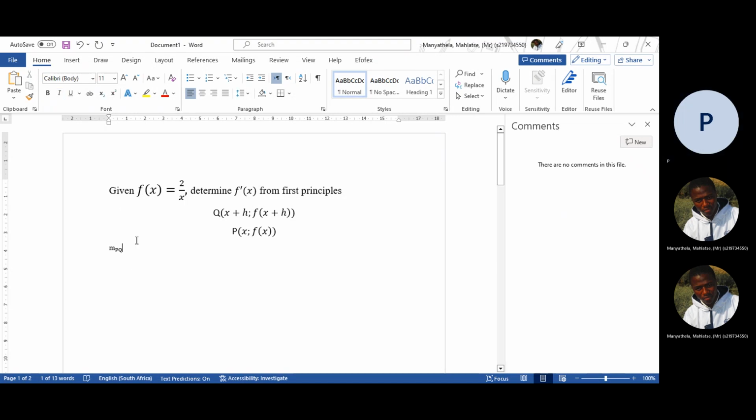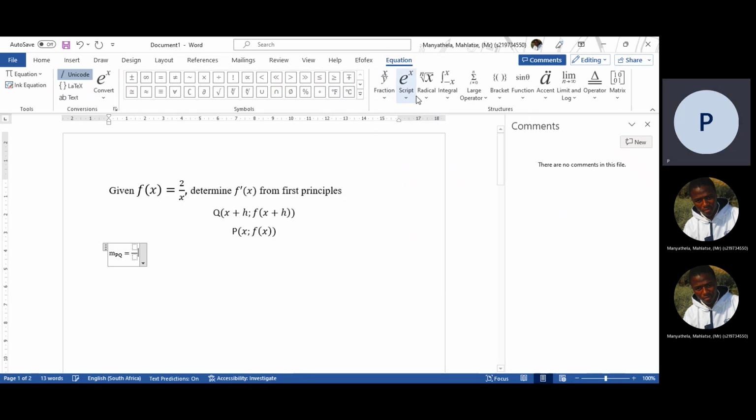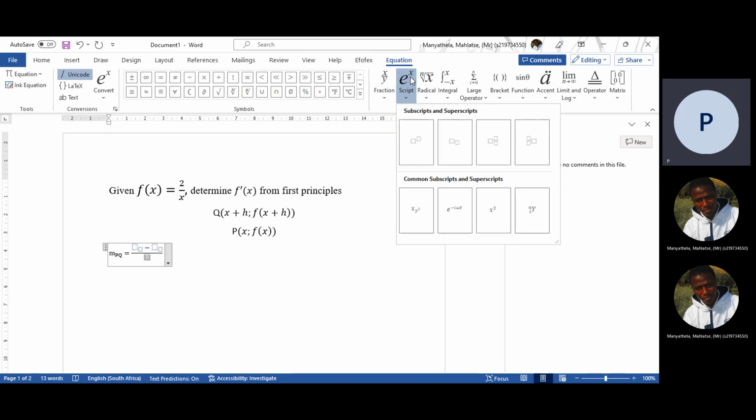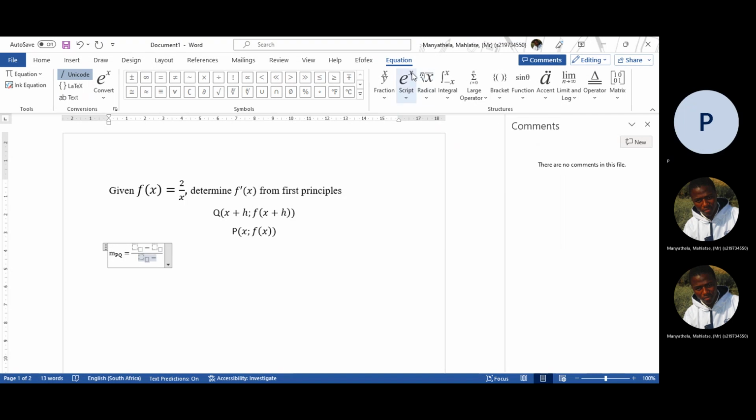The gradient of PQ will be equal to change in y over change in x: in the denominator we have x2 minus x1, and in the numerator we have y2 minus y1.